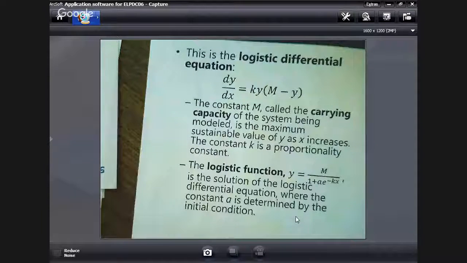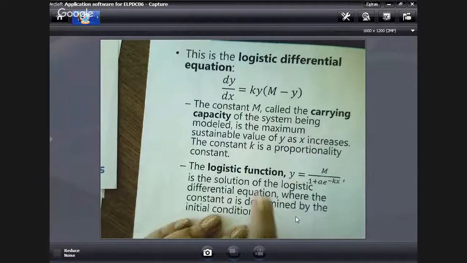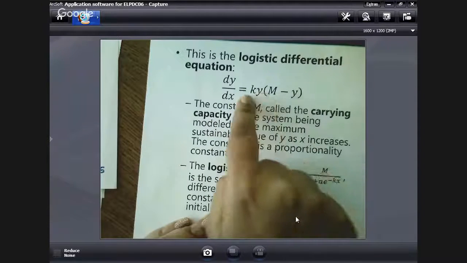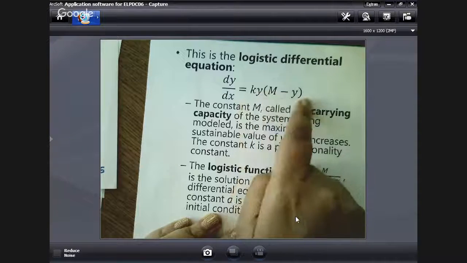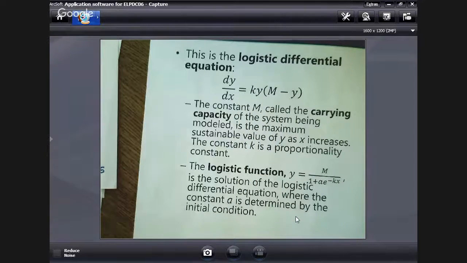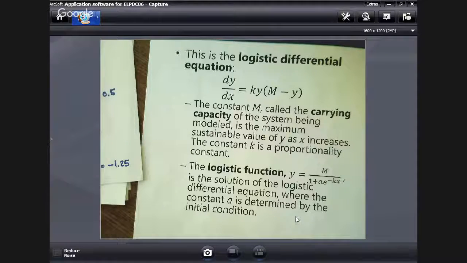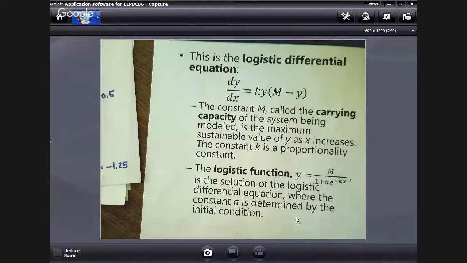The logistic function is what you get if you solve this differential equation. Let me take a moment and talk about what it would take to solve it. Because I know constants bother people, I'm just going to make up some numbers.